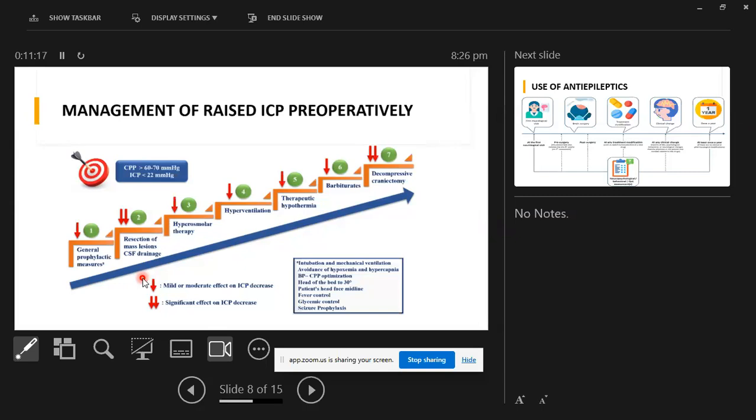So, apart from the general measures and the medications, another way to reduce the ICPs is CSF drainage through lumbar puncture, which can be used diagnostically and therapeutically to drain CSF and reduce ICP. And we can place an external ventricular drain, EVD, to monitor ICP and facilitate CSF drainage.